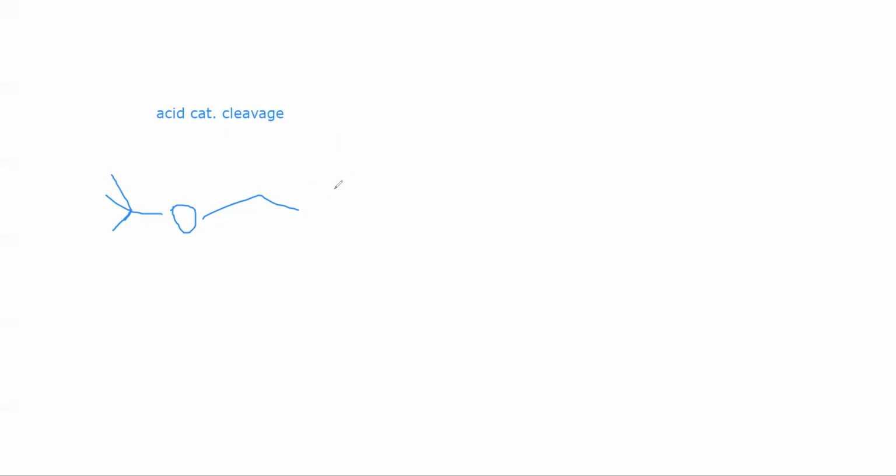So you're just adding an acid. The acid, most of the time, is probably going to be H3O plus or HCl or something. If it's H3O plus, you're going to form two alcohols. And then you don't really have to worry about the mechanism it's going to follow, because it's just going to be two alcohols on both sides.